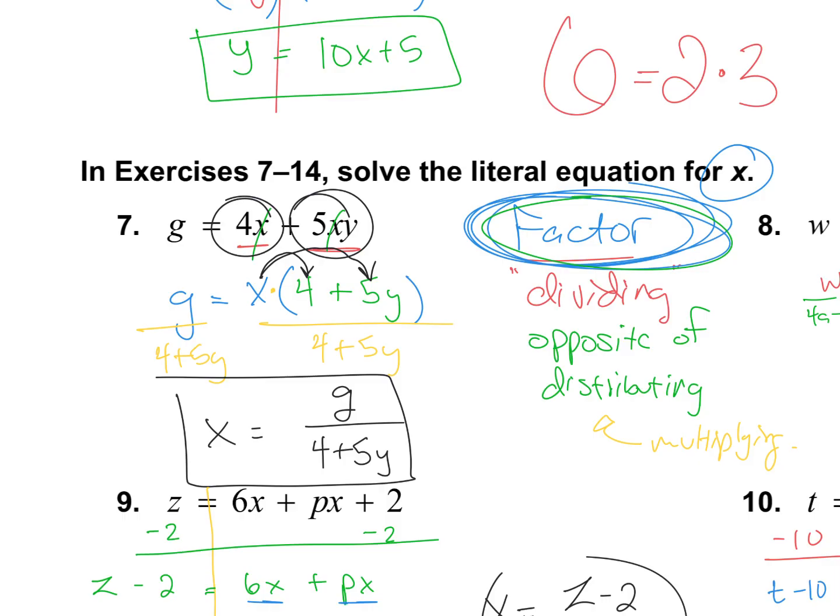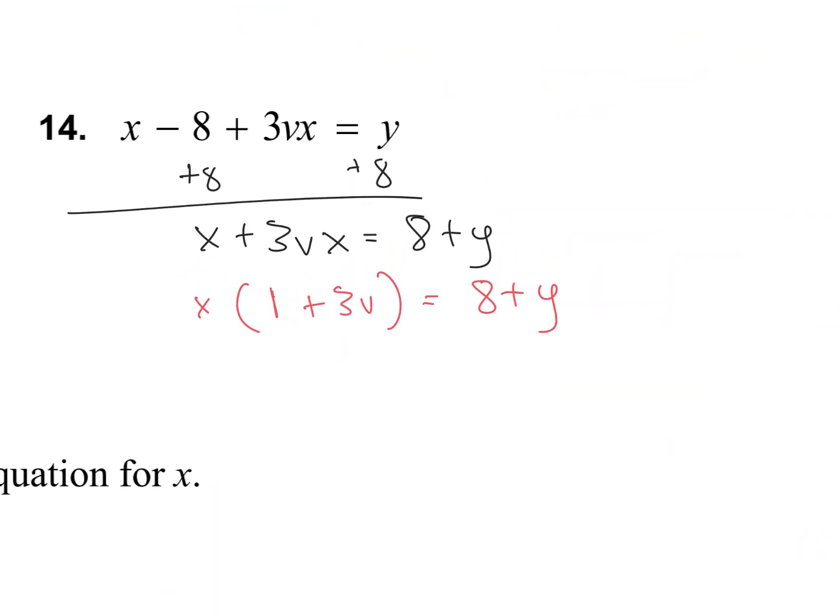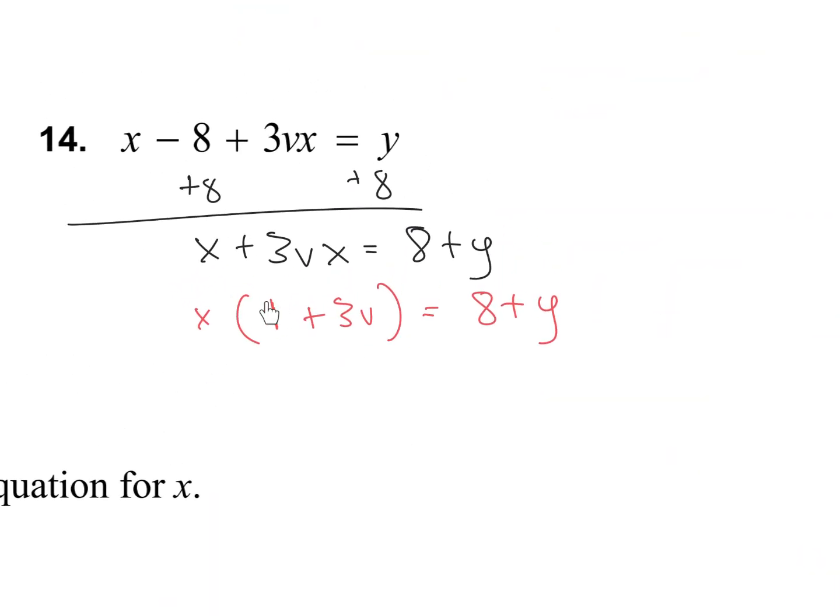So over here, if you're going, wait a second, where did 1 come from? We are dividing this x by x. x divided by x is 1. And then if we were to distribute that x back to it, if we multiply 1 by x, well, we definitely get x, right? Okay, so we're going to divide by 1 plus 3v.